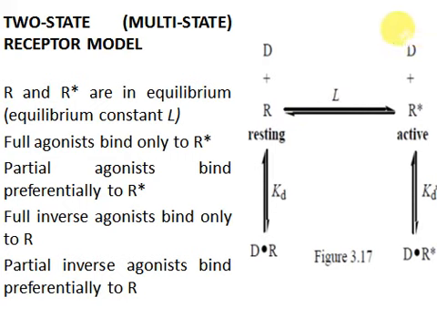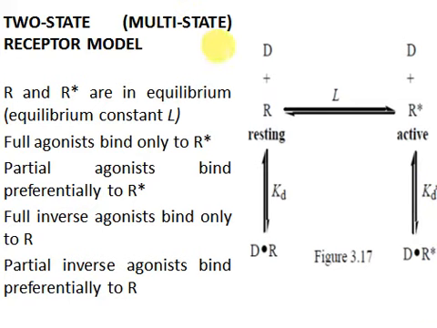When a drug is added to this receptor, if your drug is an agonist, it will bind with R star and produce a biological response. The KD for this will be KD star, and the drug-receptor complex will be DR star. The star indicates the receptor is in activated form, so we get some biological response.